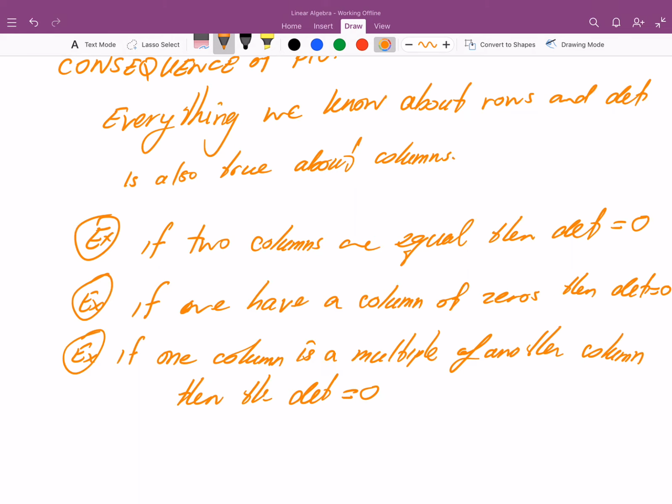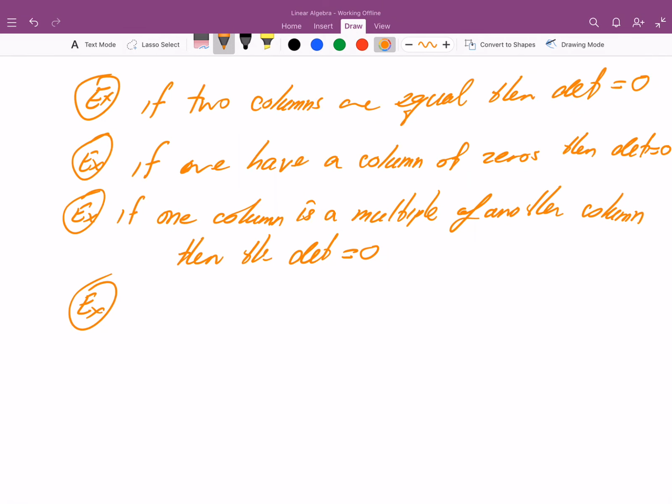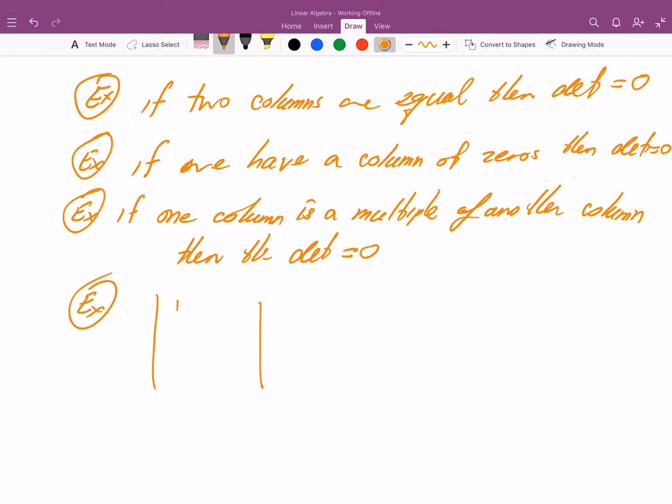Okay? And then the linearity tells us we could actually factor a scalar from a column. So if here I had the determinant of 1, 2, 3, 6, 6, 6, 7, 8, 9, then let's say for some reason I wanted to factor out 6, I could do it from a column. So I could keep the first and third column the same, and I could just factor out a number from a column if I want to, just like I could do it with rows.